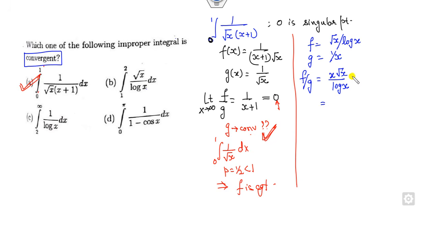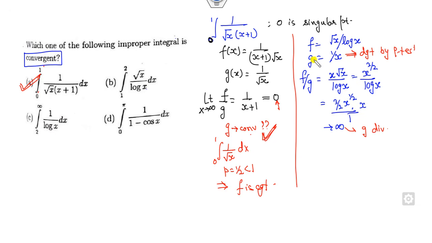It is x to the 3 over 2. Now I can take the derivative, x to the half into 1 by x. Clearly it goes to infinity. Once it is infinity, what is that? It is divergent by P test. Because if it is infinity, we need g to be divergent. So this is divergent, f is divergent.